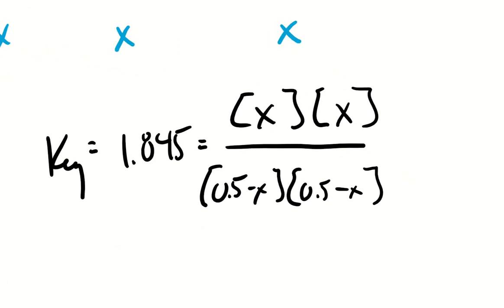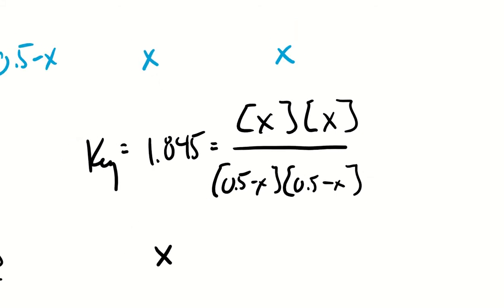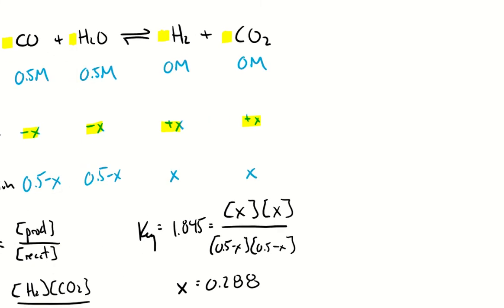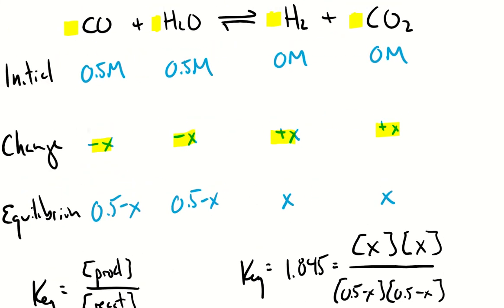So what we have here is an ability now to solve for what that value of X is. And doing a little bit of algebra, you find X is equal to 0.288. At this point, I want to return to my ICE chart right here.